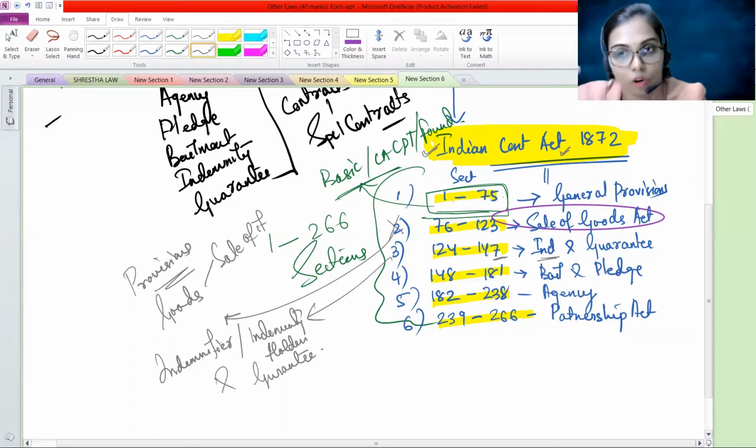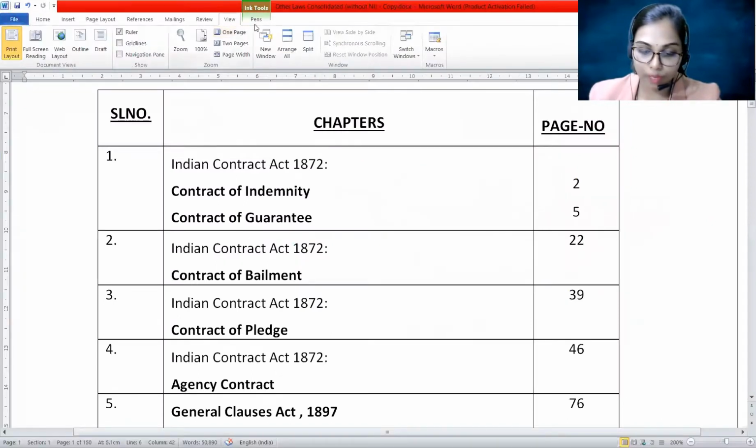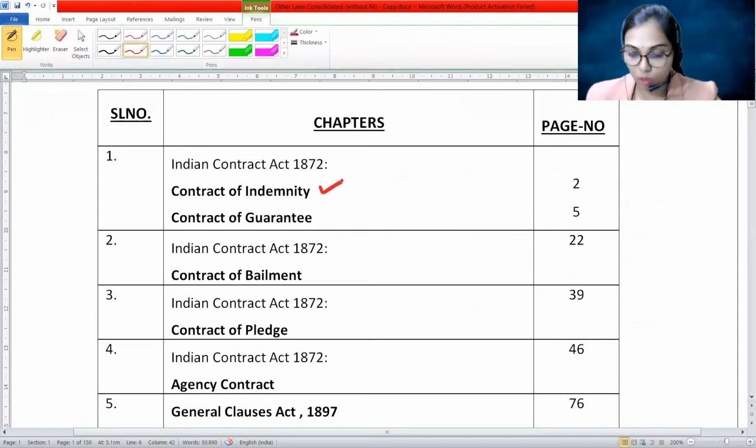If there is any loss, how it is compensated, how you come back to the same position as before the loss. That concept we are going to read in sections 124 to 147. I have divided this indemnity and guarantee contract in our material into two chapters, this is one chapter, this is another chapter. We have different questions also involved in it.